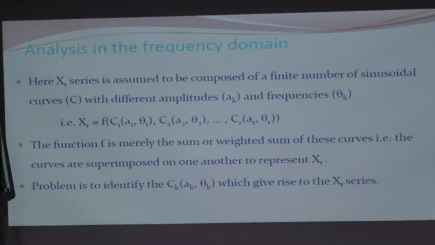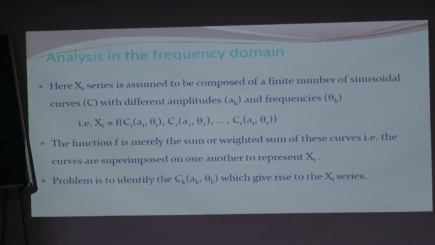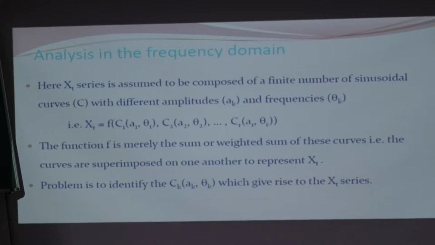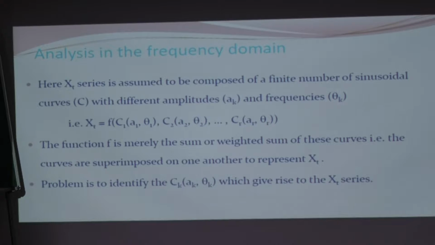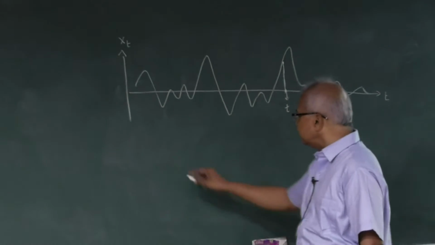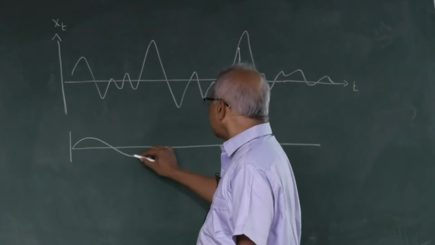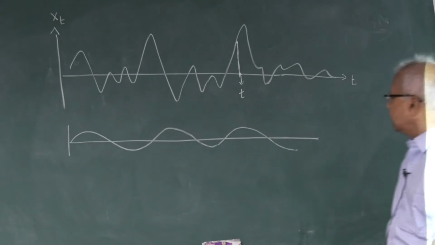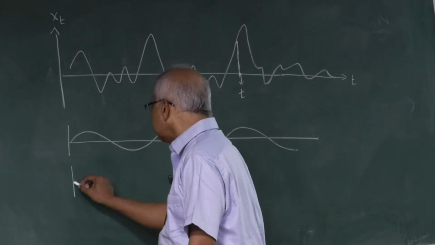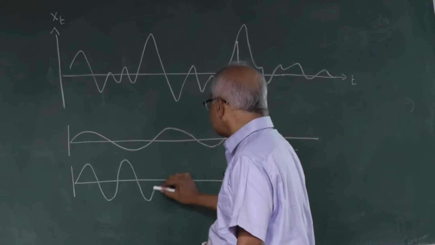Okay. Alternatively, we have the frequency domain approach, and I'll just give you a very brief idea of what the frequency domain is like. Okay. You have a series like this, and it's very irregular. We don't know how to actually predict this value. What we do is, suppose I have a nice sinusoidal curve here, okay, with some amplitude and some frequency, and I have another curve with a different amplitude and a different frequency here.